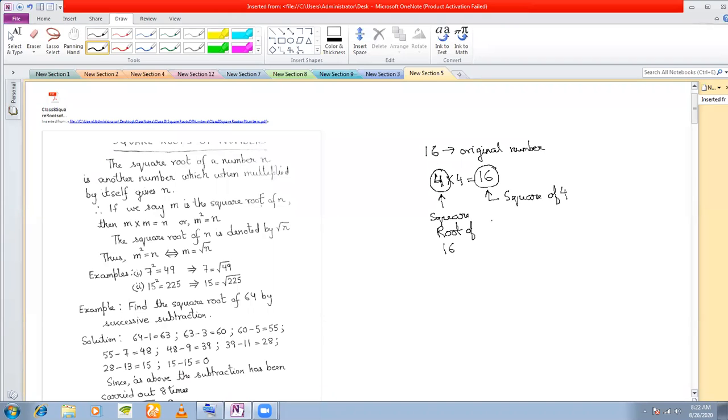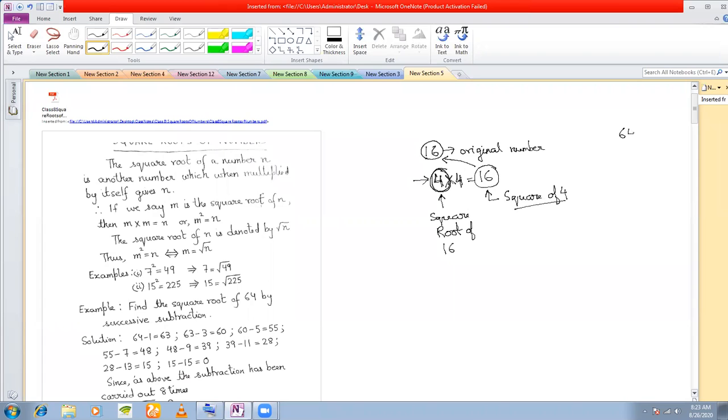If I take any number, say 16, and I take another number, say 4, and when I multiply this number by itself, I get 16, then this number will be called the square root of 16, and this number will be called the square of 4.